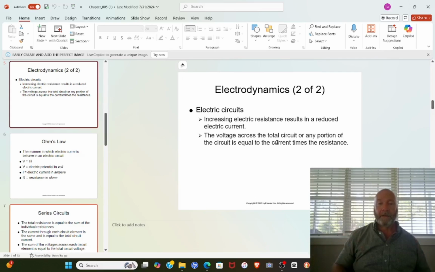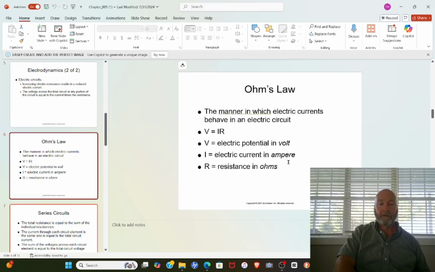If you cut that down to an even smaller water hose, then there's only so much water that can go through that. So the voltage across the total circuit, or in any portion of the circuit, is equal to the current times the resistance, and that is Ohm's law. Voltage is equal to intensity times resistance.